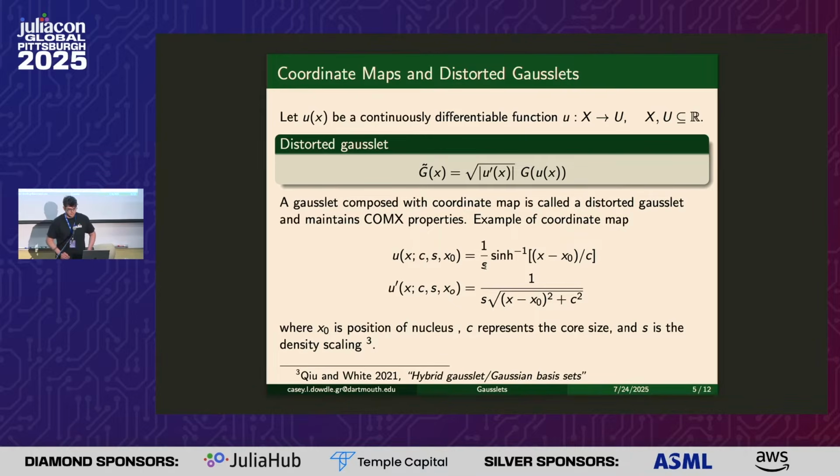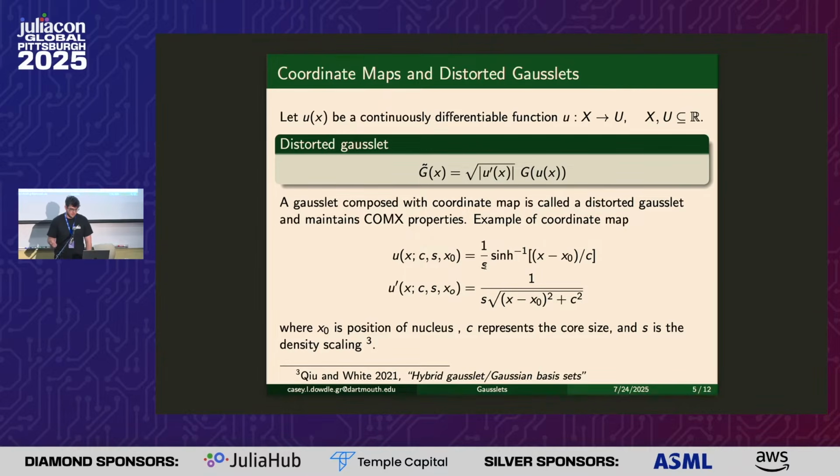But it turns out that Gausslets alone on an evenly spaced grid are not enough to describe a molecular system. Going back to high school and studying the hydrogen atom, you may remember one part of the solution: the hydrogen atom wavefunction goes as e to the negative r, and we call that a cusp condition around the nucleus.